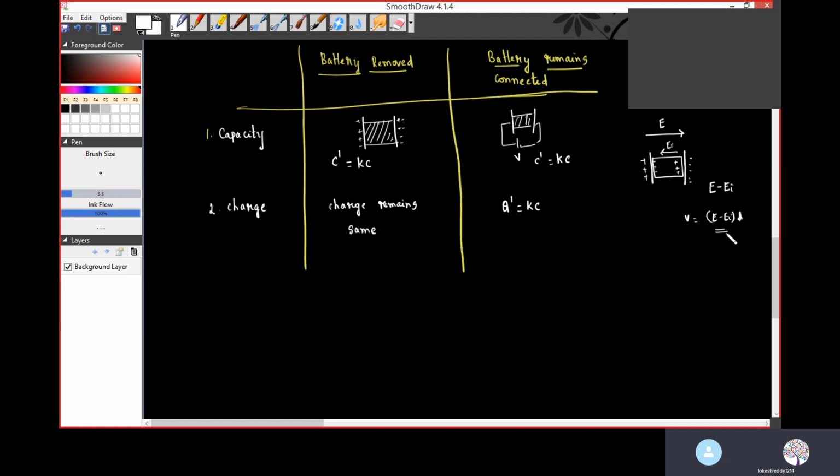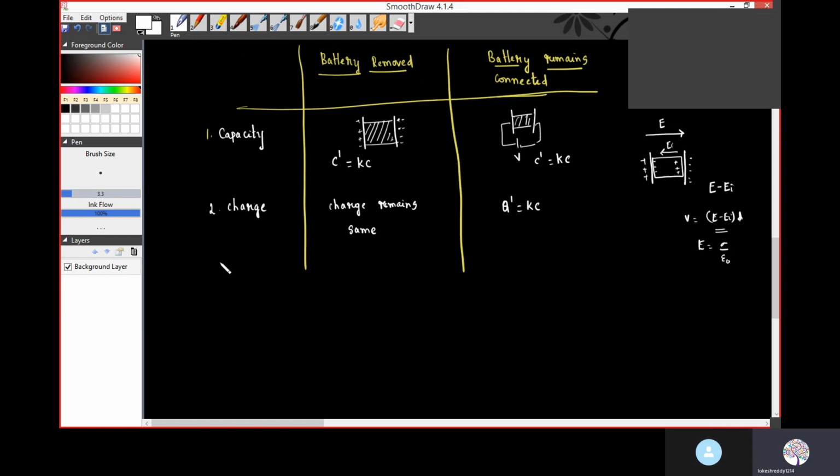To increase this E value, the battery supplies the charge, because the electric field is equal to sigma by epsilon naught, that is Q by A epsilon naught. So Q is increased because the battery will supply charge.